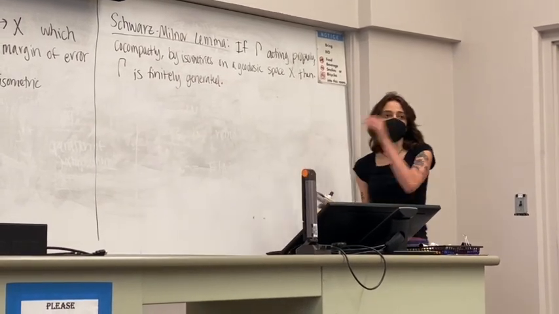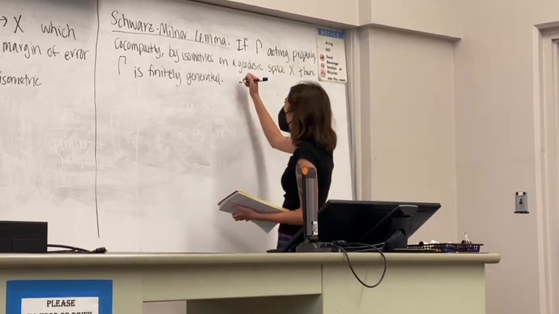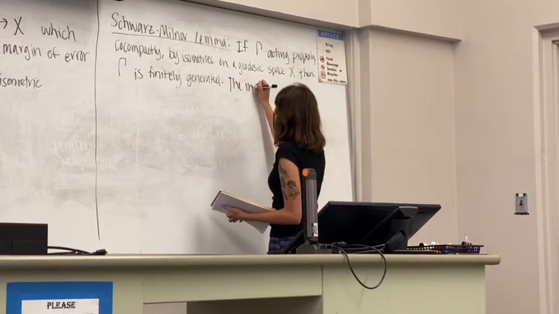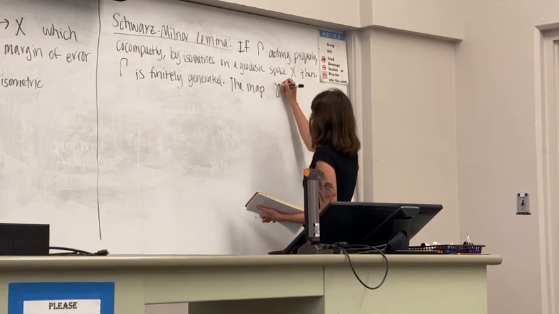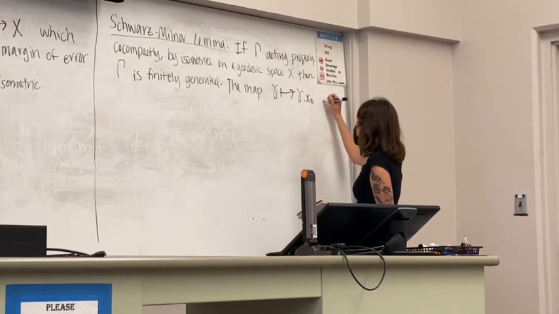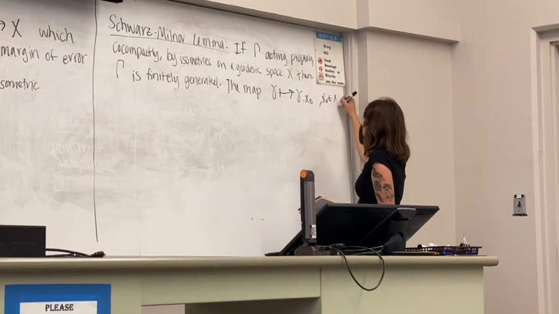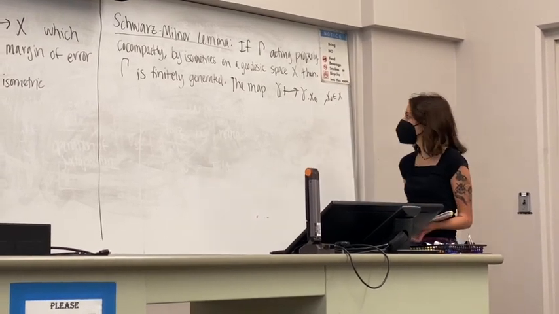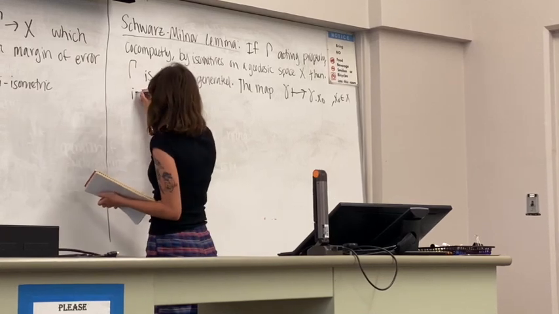And not just that gamma is finitely generated, but furthermore, we have that the map which takes gamma to gamma dot x naught, for x naught in our geodesic space X, is a quasi-isometry.